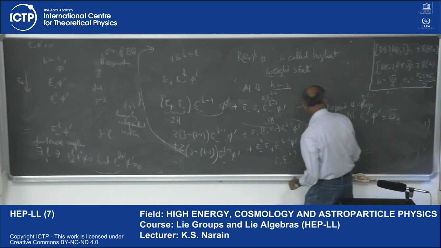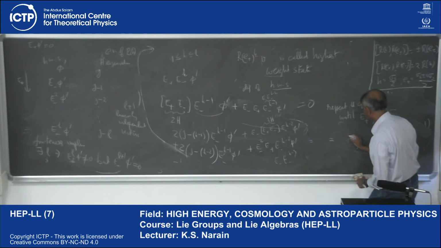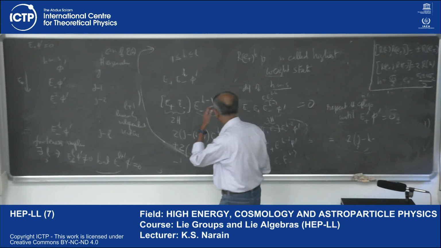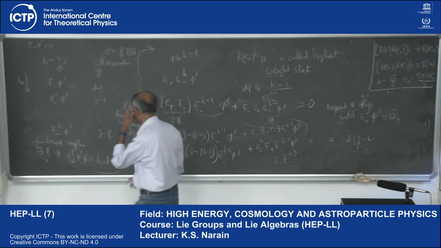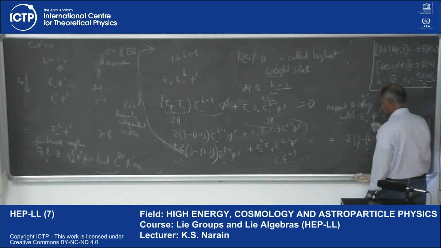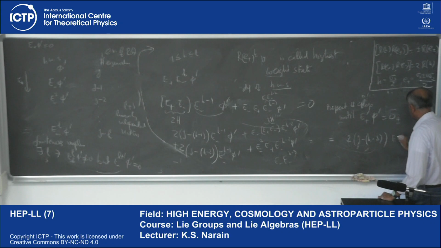So the final answer will be 2 times J minus K minus, let's call it X, times E minus to the power of K minus 1 phi prime.